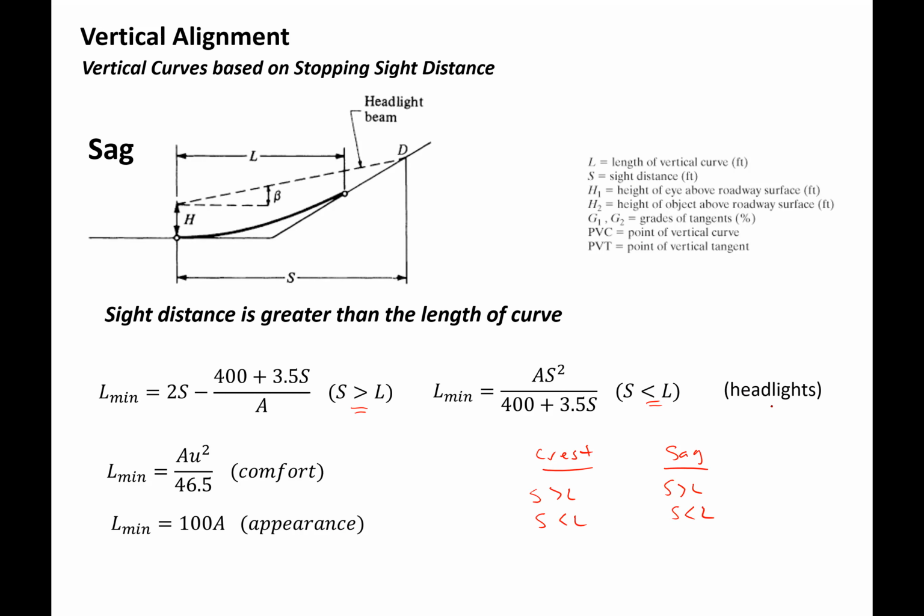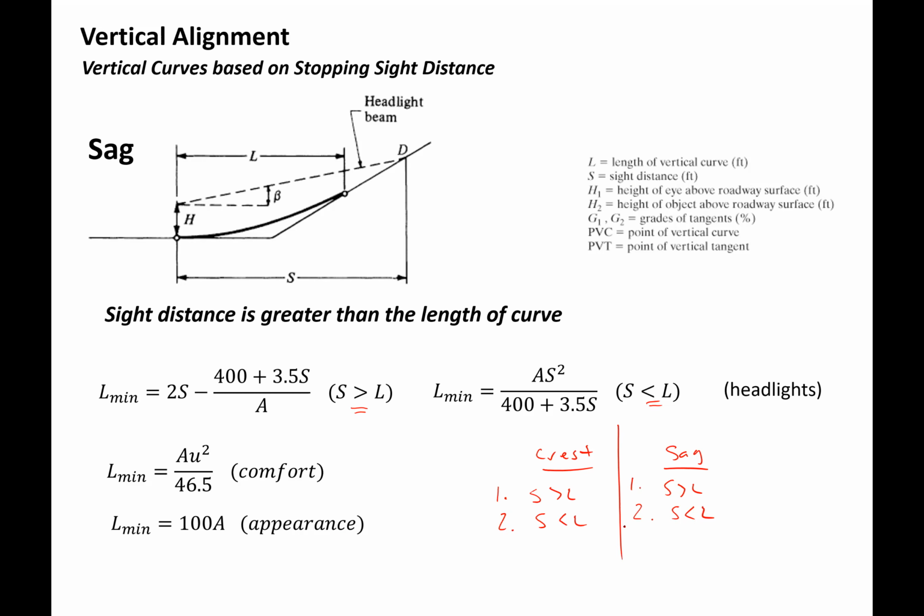The one to start with, because it just needs to meet one of these 2 conditions, is to separate these out. If we're looking at a crest curve, it's either going to meet one or two, and for a sag, it's either going to meet one or two. It can't be both simultaneously.